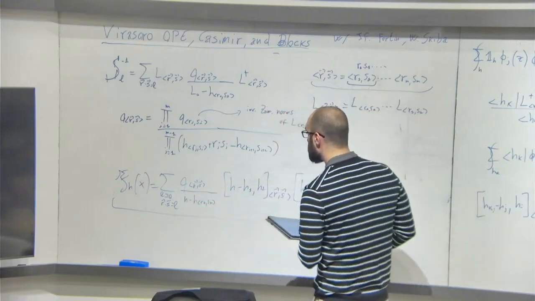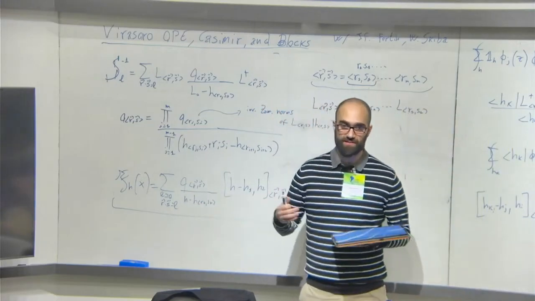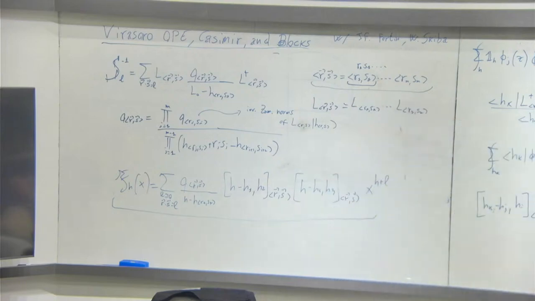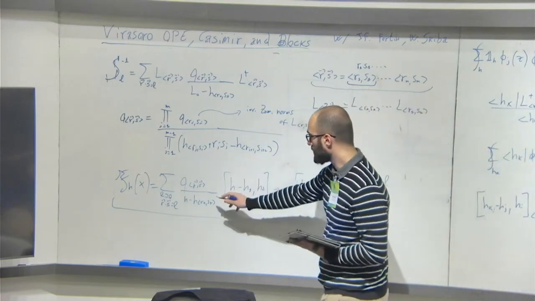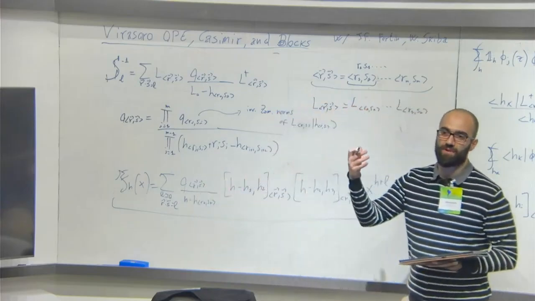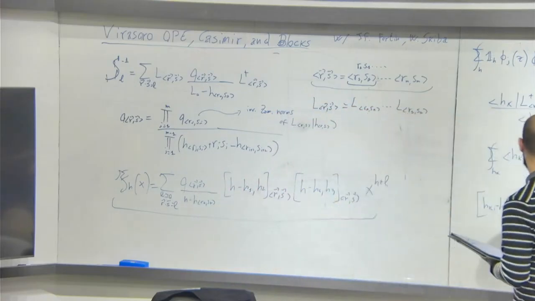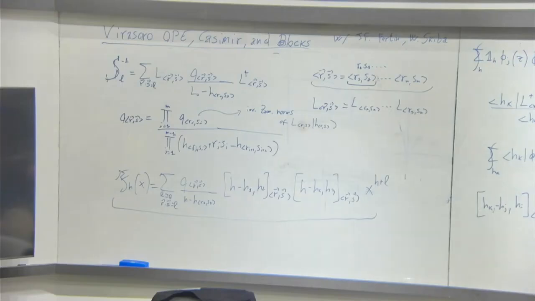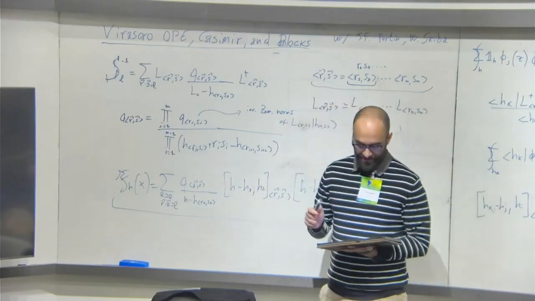It has explicit poles in h, which are the same poles that one expects from Zamolodchikov recursion relations. If one computes residues, for those poles, one gets exactly the same residues as Zamolodchikov recursion relations. So these objects here are the Zamolodchikov residues if we evaluate at singular vector conformal dimensions.